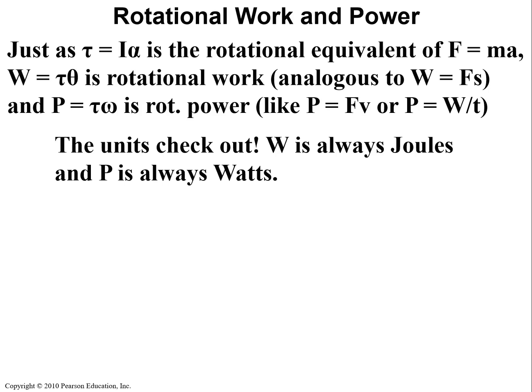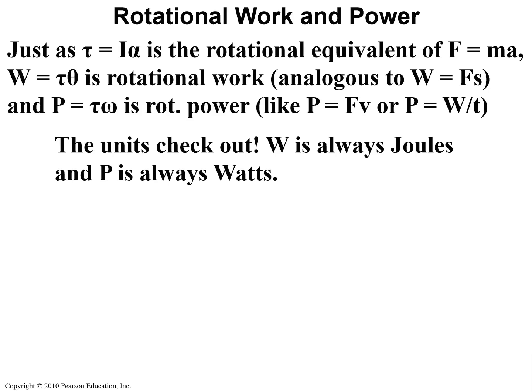But the point is that if theta equals arc length over radius, arc length has certain length units and radius has certain length units. Those units will cancel, which means that even though we can write radians as rad, a radian is actually a non-existent unit. It's just a ratio. It's unitless. And therefore, tau theta is just Newton meters, which is joules.